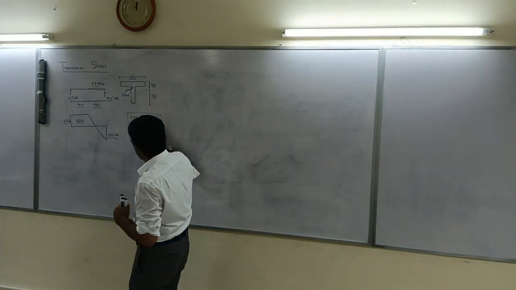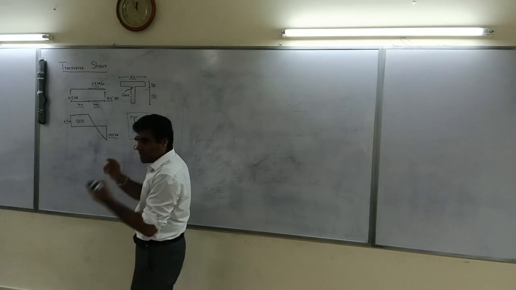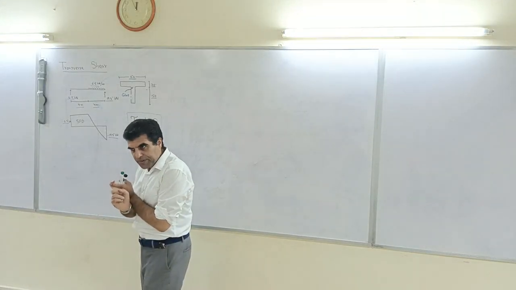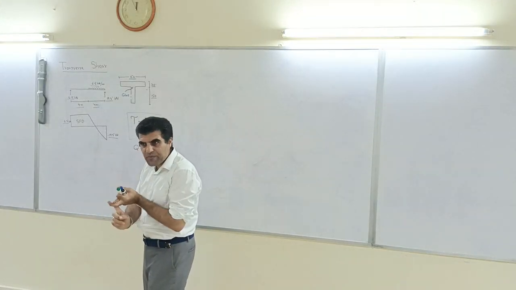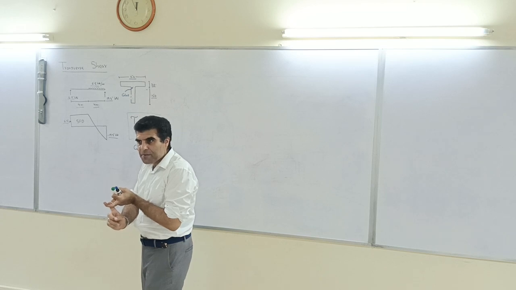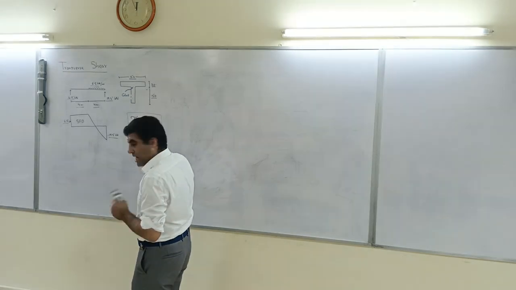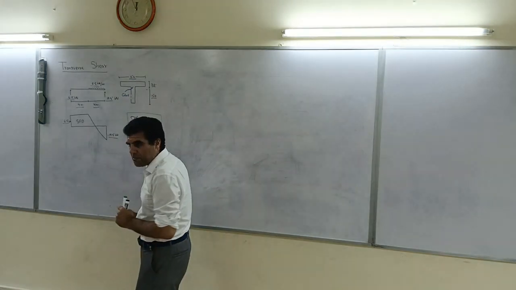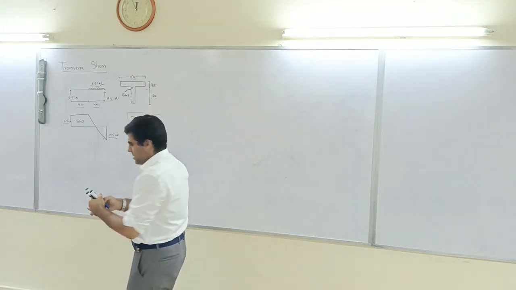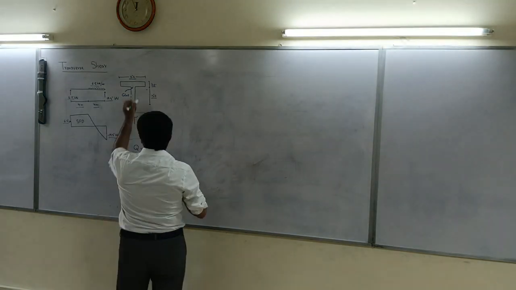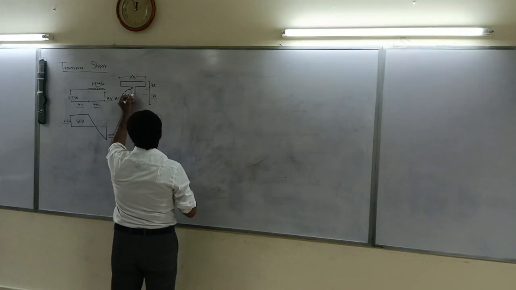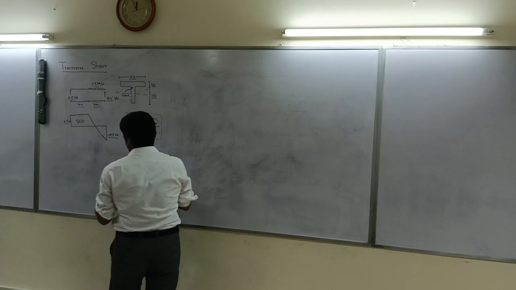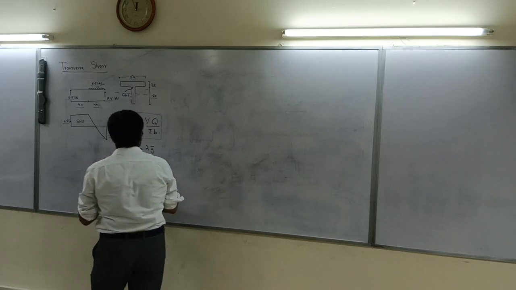We need to find the neutral axis, and from the neutral axis we will get our moment of inertia. Then we will find out our y bar.